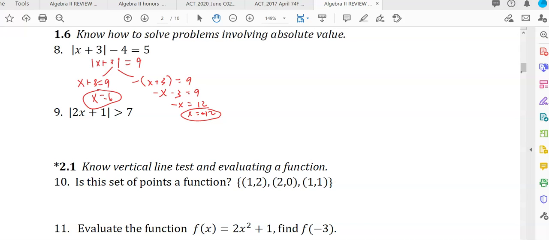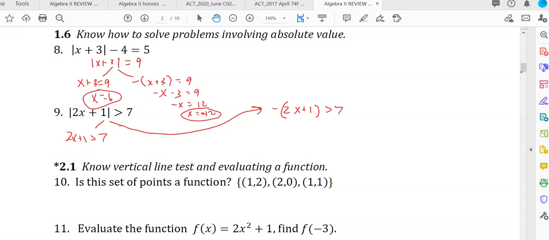This one, you want to split it up into a positive and negative case. So we get 2x plus 1 greater than 7, and the negative case is, I kind of put that over here, negative of 2x plus 1 greater than 7.